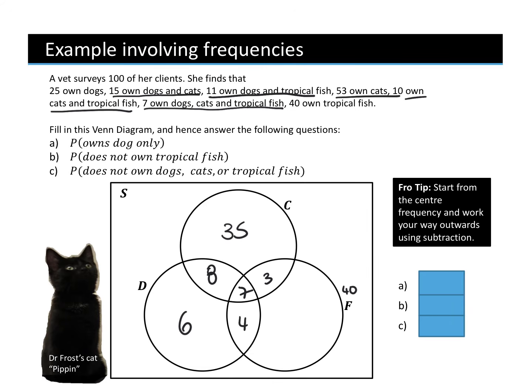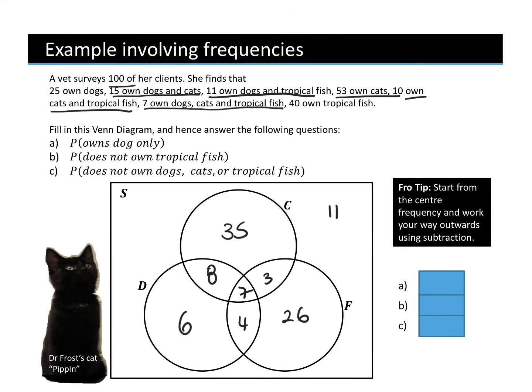Then I'm going to have 14 plus what is 40? 26. Now I am going to add them all up because it says 100 of her clients. If it doesn't equal 100, that just means that some of her clients could have a bird. But let's add it up. Let's see what it equals. It equals 89. So that must mean 11 do not have a cat, a dog, or a fish.